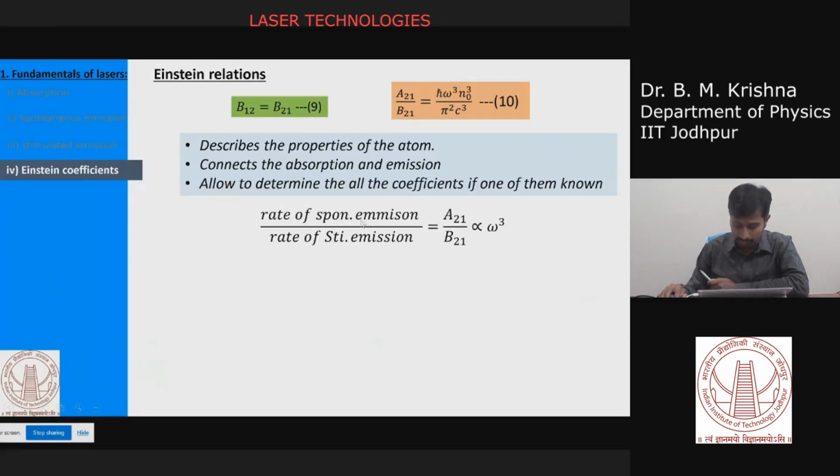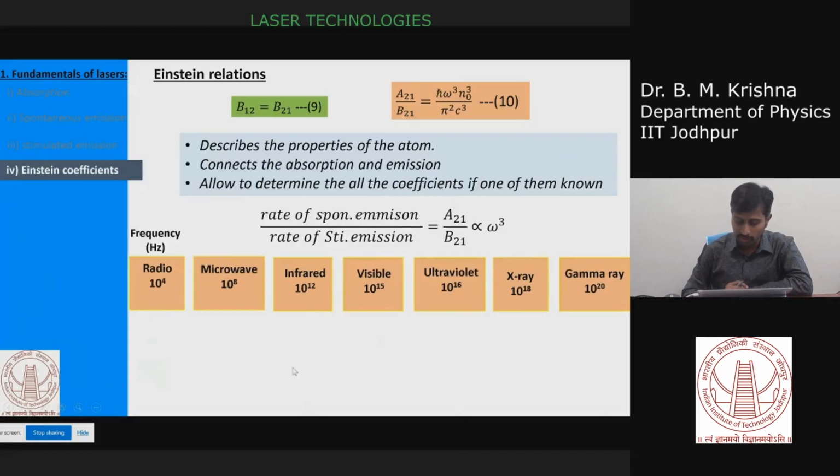that is related to spontaneous emission. If you consider the electromagnetic spectrum, it ranges from 10 power 4 hertz to 10 power 20 hertz in frequency, from radio waves to gamma rays. As frequency increases from radio waves to gamma rays, spontaneous emission is the dominating term.